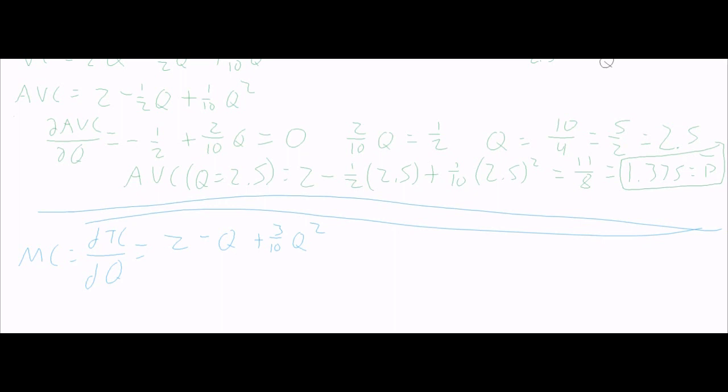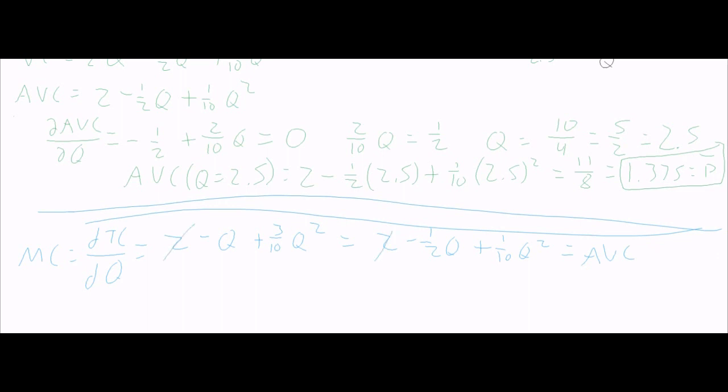And so what we would do, if you had the marginal cost function and your average variable cost, you would set them equal to each other. 2 minus 1/2 Q plus 1/10 Q squared equals average variable cost. So I've set my marginal cost equal to my average variable cost, and then I can solve.